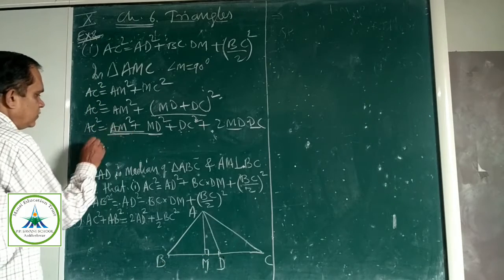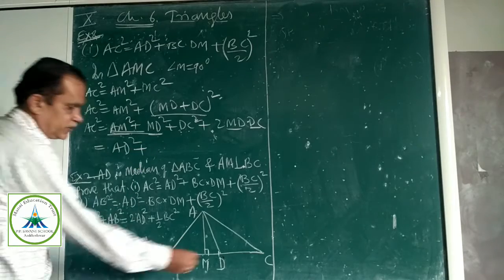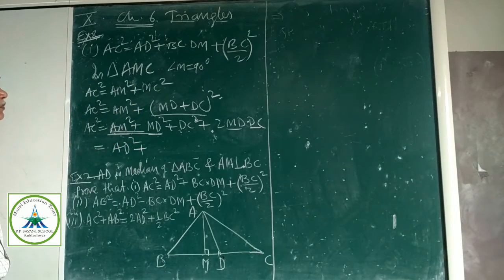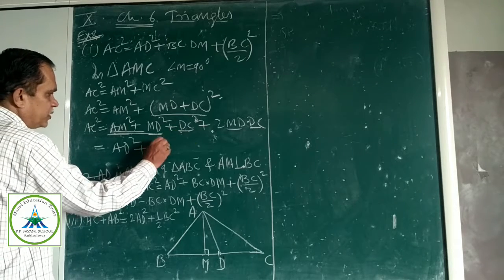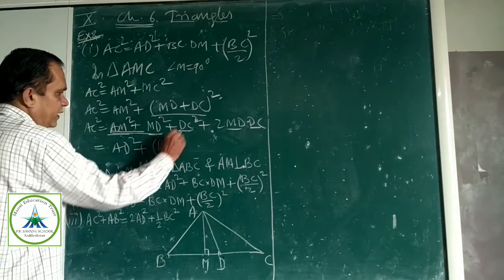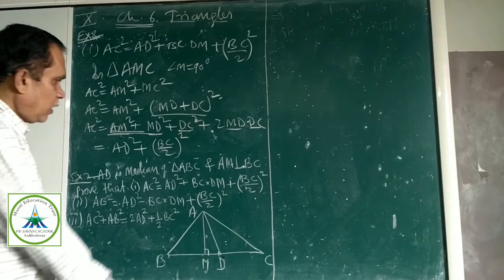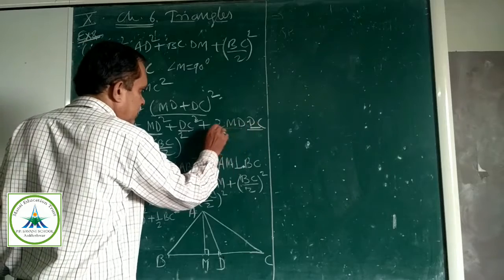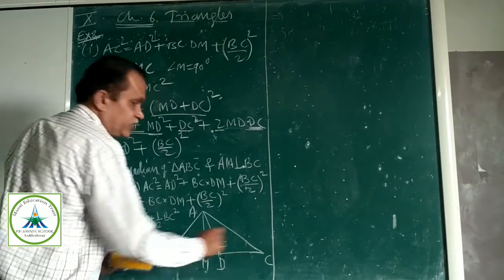So we are adding this now. AD square plus DC square. DC is half of BC, so (BC upon 2) whole square. Now again look here, 2 times DC. 2 times DC is BC.